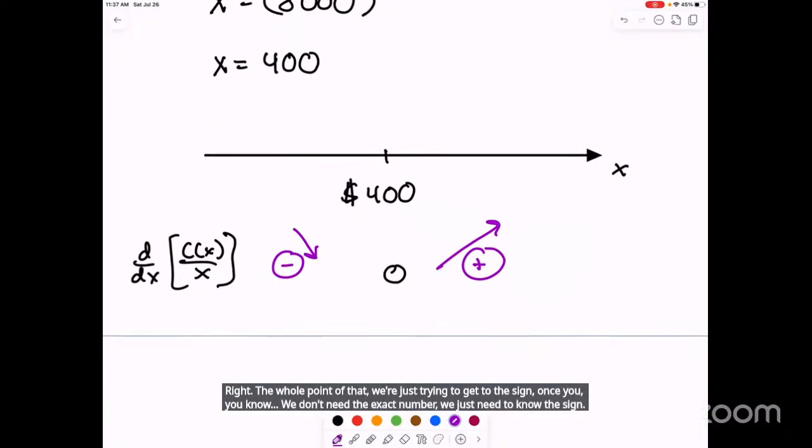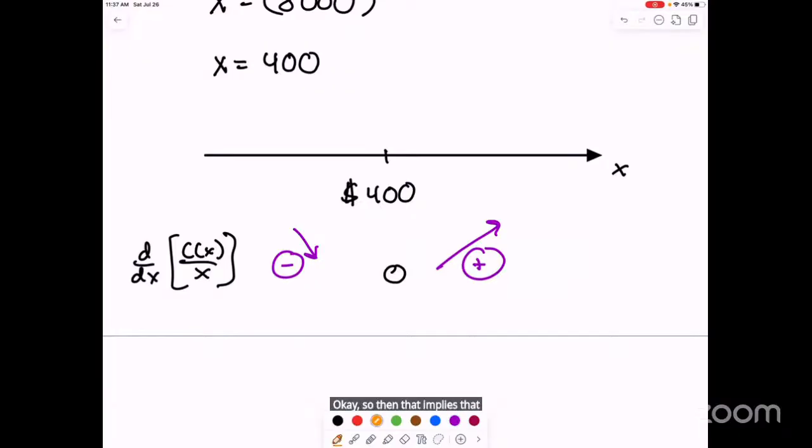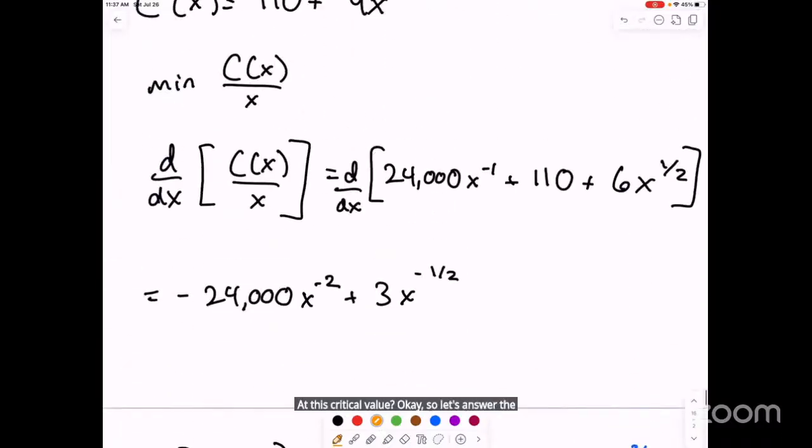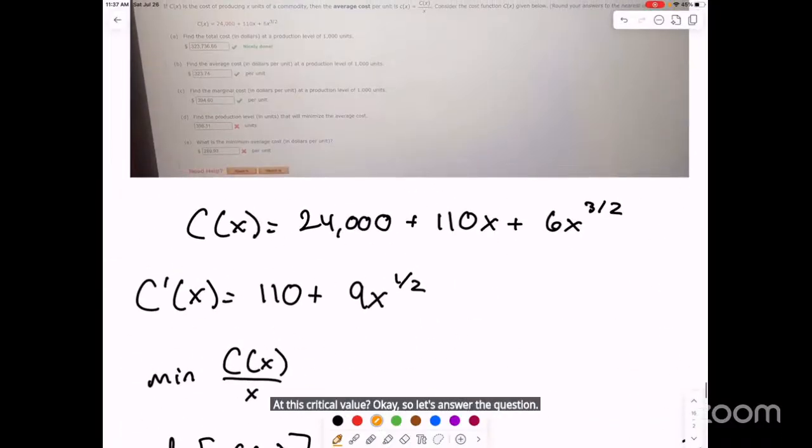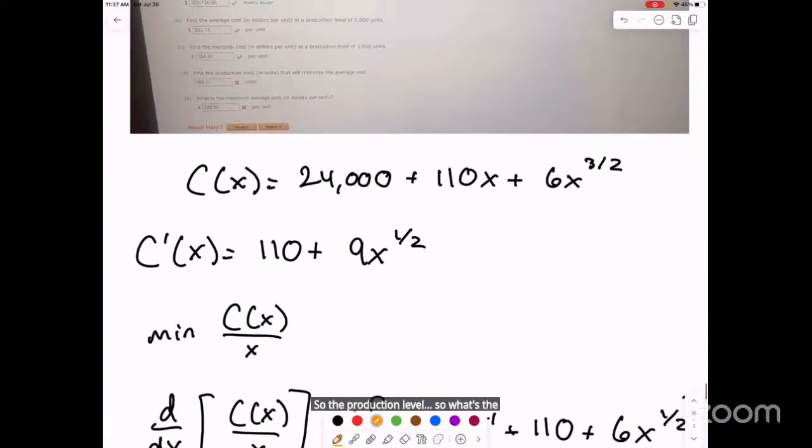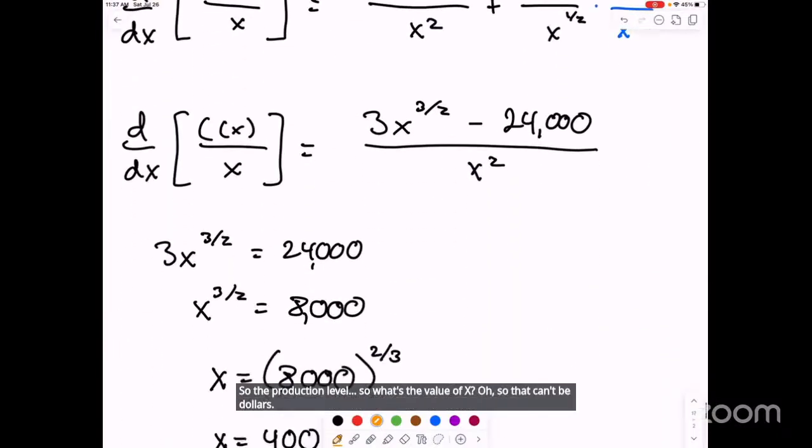Okay, so then that implies that this is a local minimum at this critical value. Okay, so let's answer the question. So the production level, what's the value of x? Oh, so that can't be dollars.